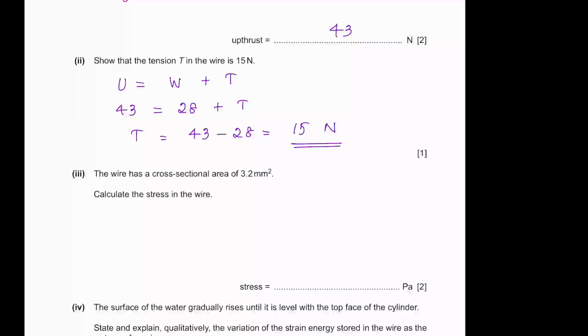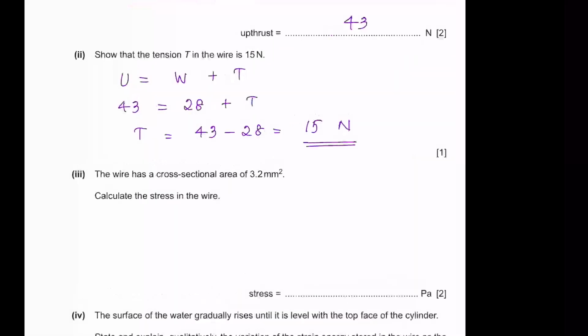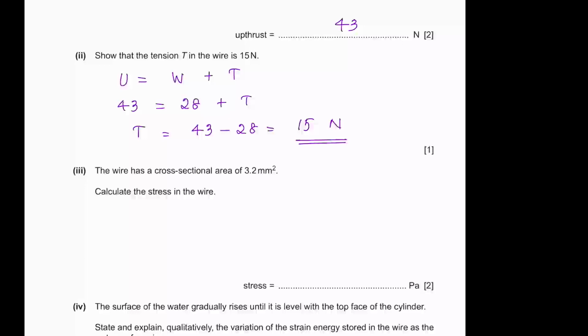The next one. The wire has a cross-sectional area of 3.2 square millimeters. Calculate the stress in the wire. So again, the stress is given by force over area. Force in the wire is 15 newtons over the area, 3.2 square millimeters. How do we convert square millimeters into square meters?